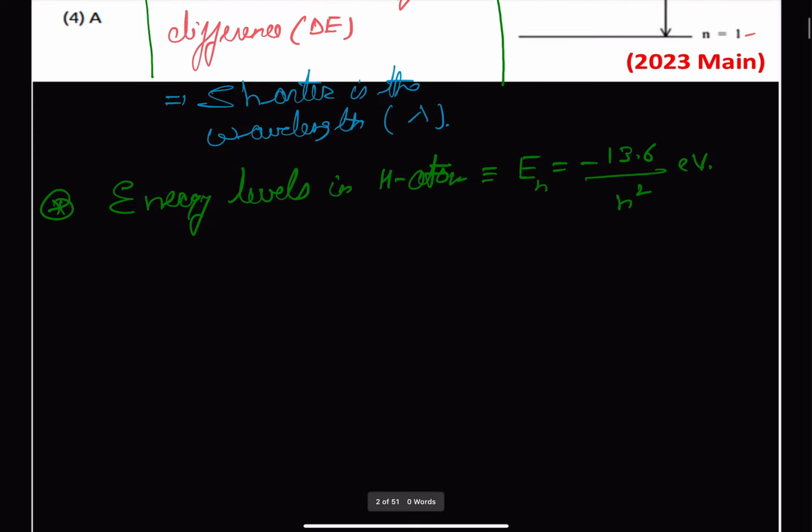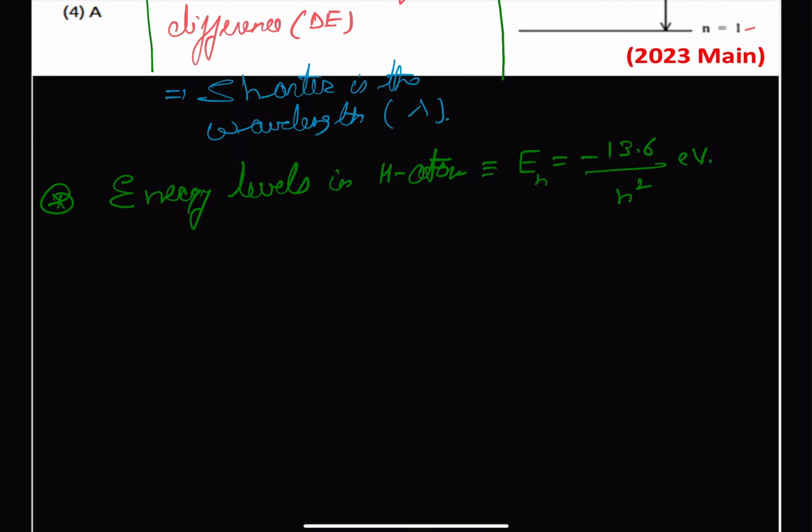So corresponding to it, we can write that for n equal to 1, the energy E1 will be equal to minus 13.6 electron volt.